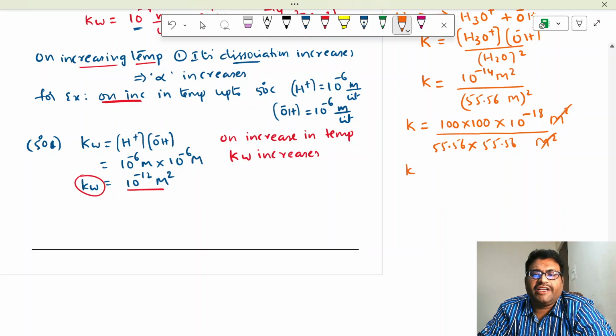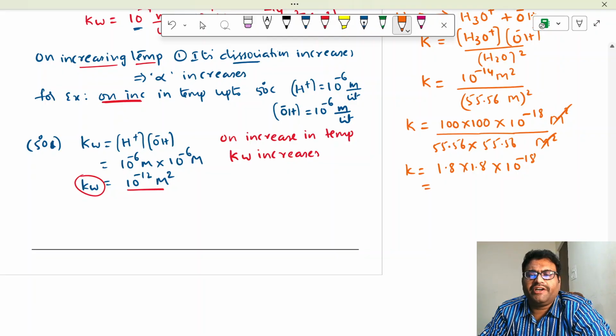Then I write 1.8 into 1.8, approximately 3.24, into 10 power minus 18. What is this called? The autoprotonation constant or self-protonation constant.